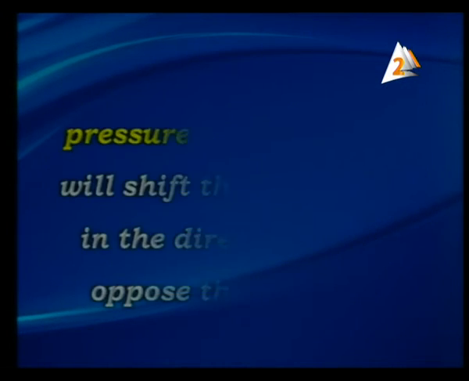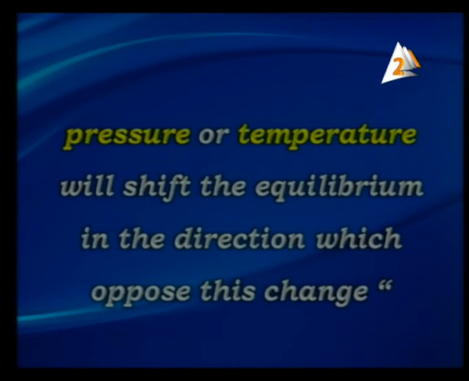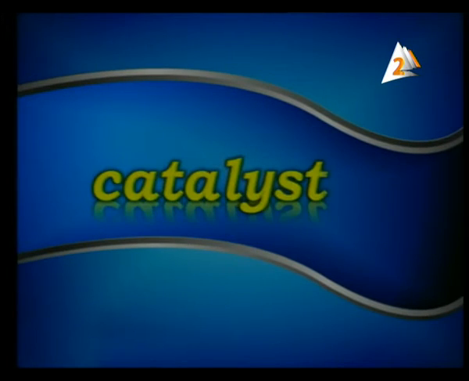This is the example: concentration, pressure, temperature. What else? It will shift the equilibrium system in the direction which opposes this change. So if we change the pressure, the shift is in the opposite direction of this change, and the temperature also, the direction will oppose this change to the other direction. Good.